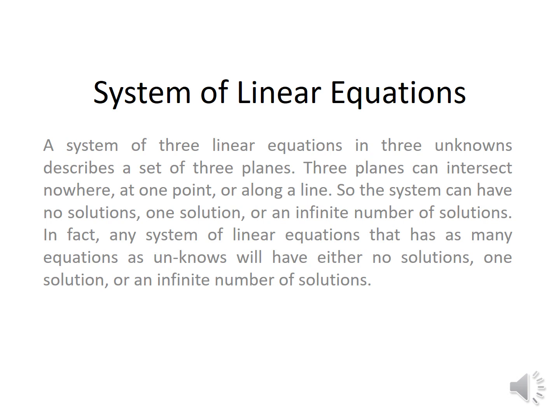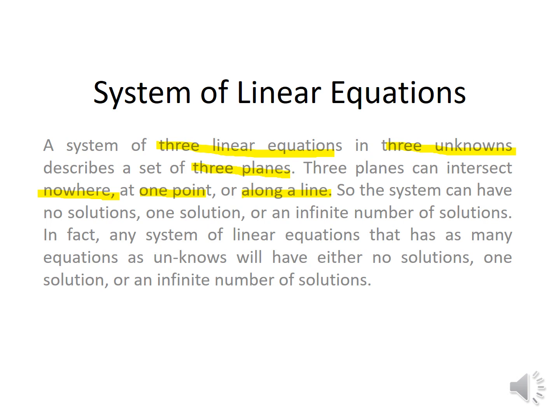A system of three linear equations with three unknowns x, y, and z describes a set of three planes. Three planes can intersect nowhere, at one point, or along a line.